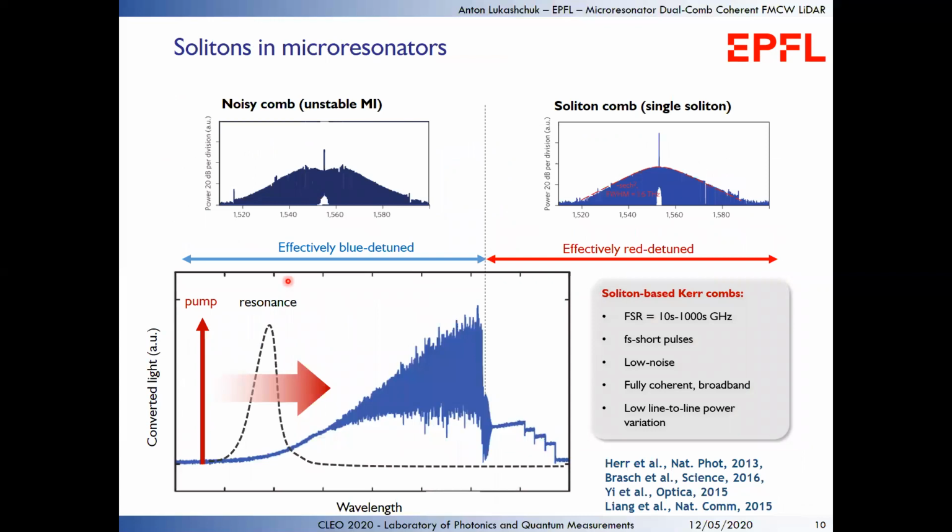And to tune into the frequency comb state, to generate a frequency comb, what you usually do is that you tune your pump from the blue detuned side towards the resonance, towards the red detuned side. So you tune your pump like this. This blue trace corresponds to the light generated in the cavity due to the four-wave mixing.